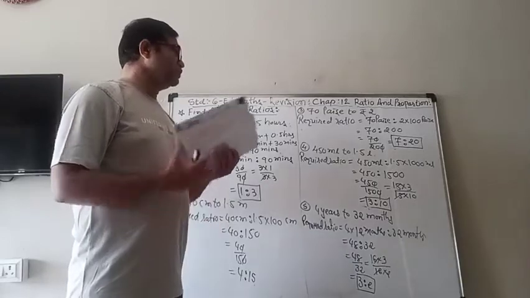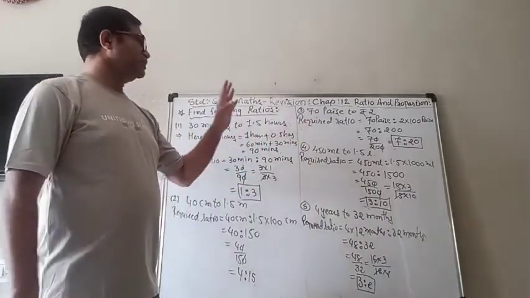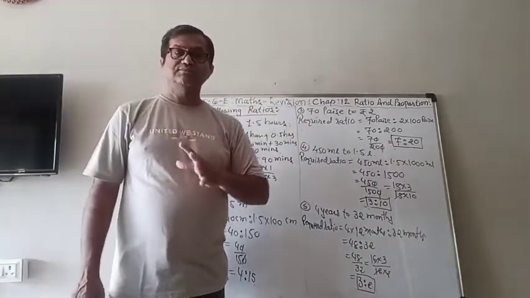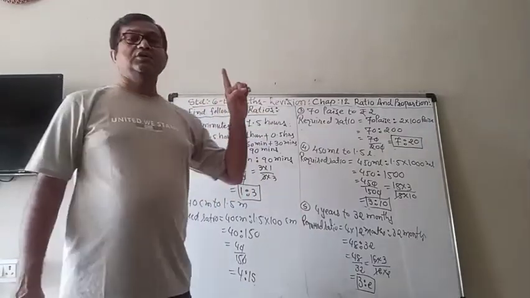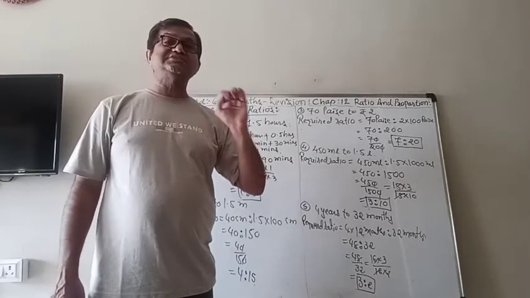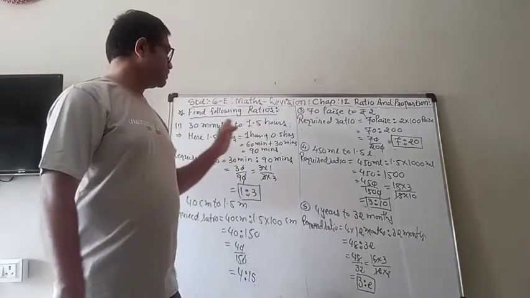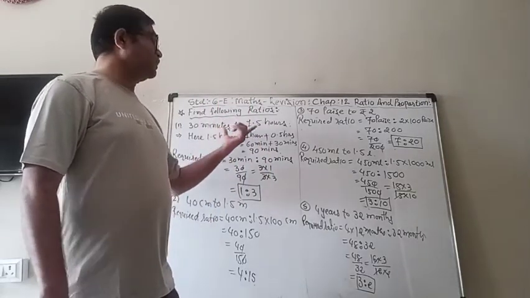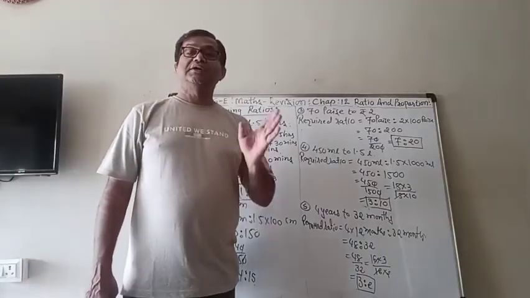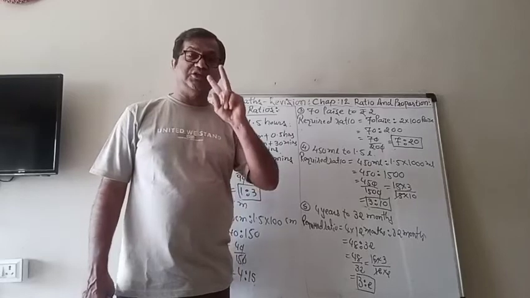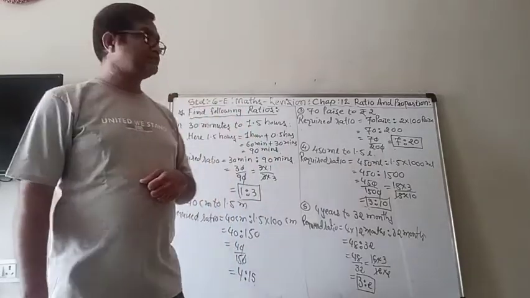So whenever you attempt questions related to finding ratios, first you read the question carefully, that the required quantities must have the same units. If the units are different, then you must think about the conversion.